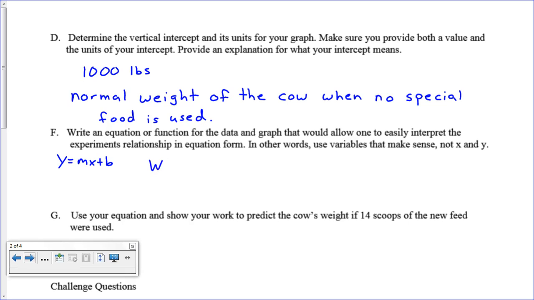So w, weight, is our y variable, equals the slope, 32.1, times the x, which is the number of scoops. I'll use n for this because I think s is kind of a bad variable to use. It ends up looking like a 5 too often. So plus 1,000.